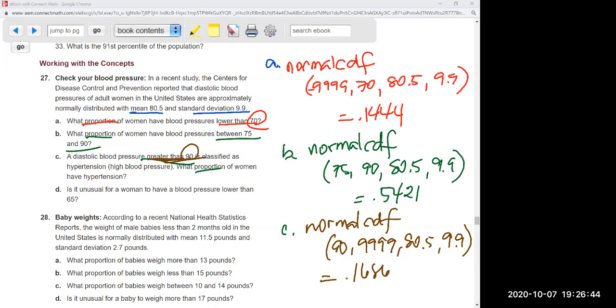Very good. Then letter D, is it unusual for a woman to have a blood pressure lower than 65? Lower than 65, just like what we did for letter A. Lower meaning 65, meaning that is your upper. So you change this to 65. And what is your answer?